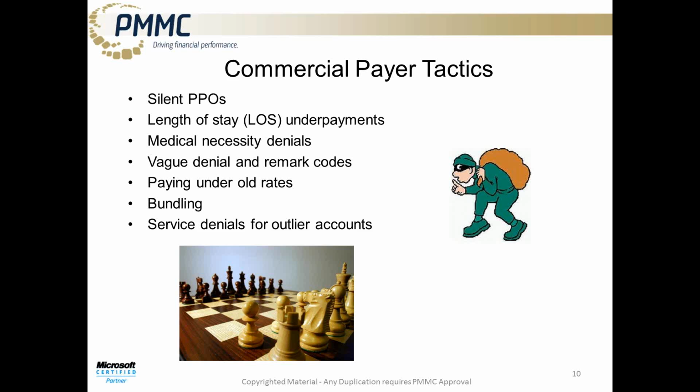Incorrectly bundling specific codes has also been a common tactic by commercial payers. And it's going to be hard to see sometimes, depending on the CAS codes or denial codes that the payers are putting on the remits. You may not really understand that they're bundling. It's fine if they say this service is combined with something else. But what is that something else?